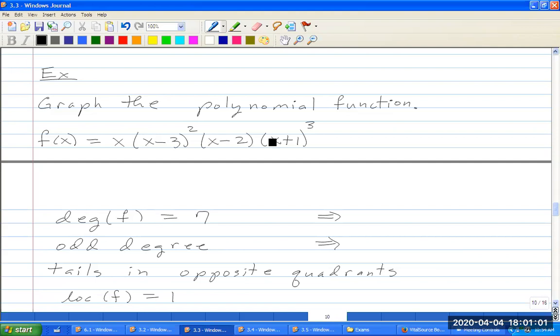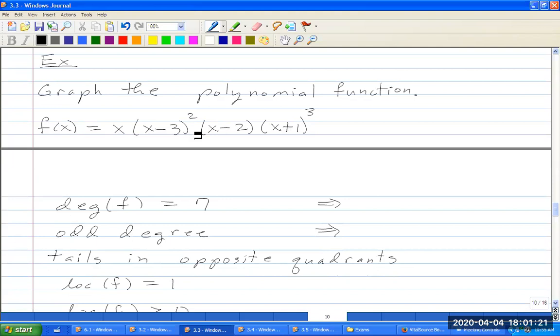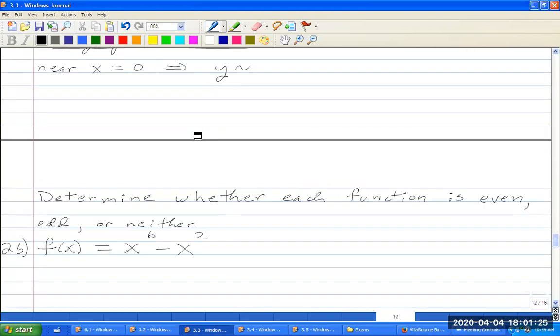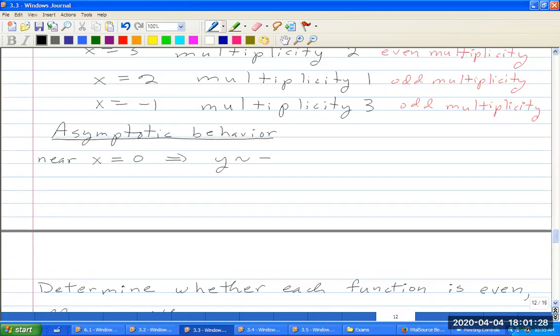But for everything else, I'll plug in 0. So 0 minus 3 squared, 9. 0 minus 2, negative 2. 0 plus 1 cubed, 1. And so I just get negative 2 times 9, negative 18x. And so near x equals 0, y is negative 18x.